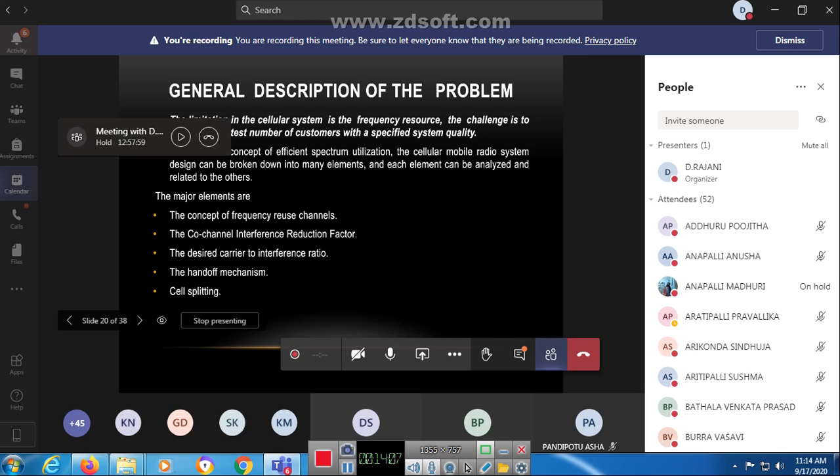Third one is the pico cell, 0.01 to 0.1 kilometer, for example offices, with low power generation. Fourth one is the selective cell, 180 degrees and 60 degrees. Fifth one is the umbrella cells, where handover and traveling we can consider.